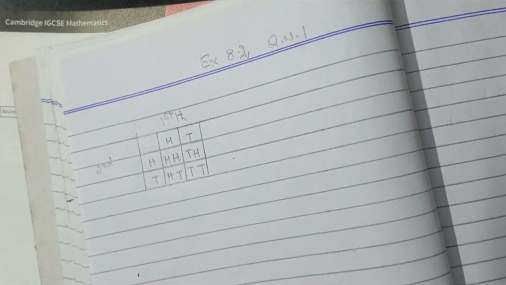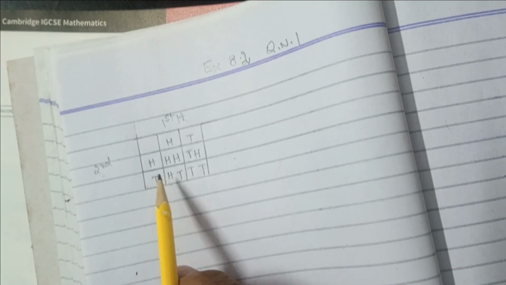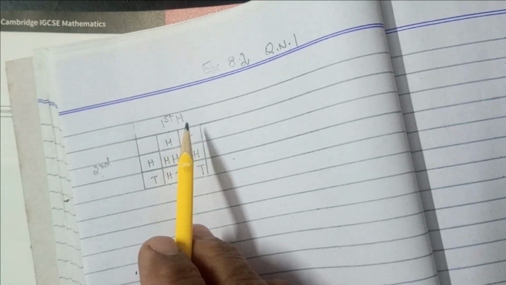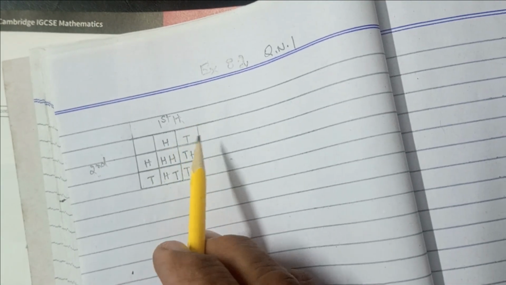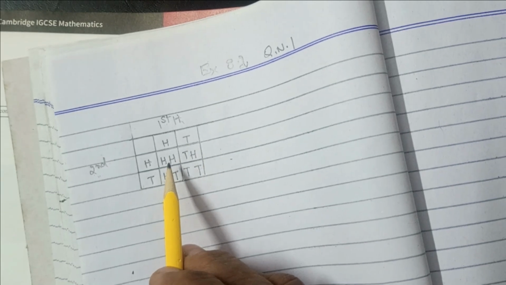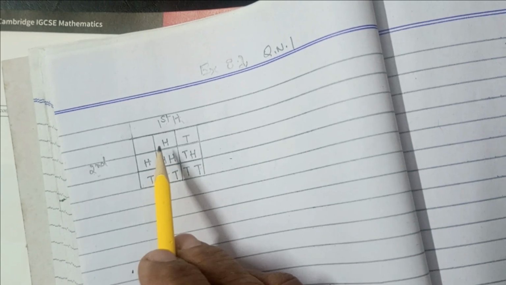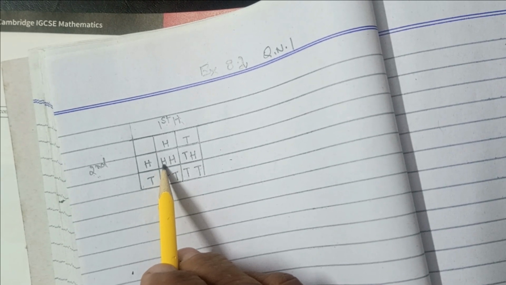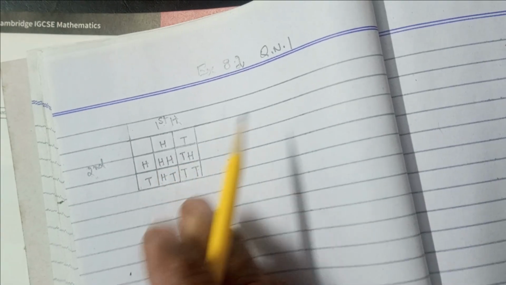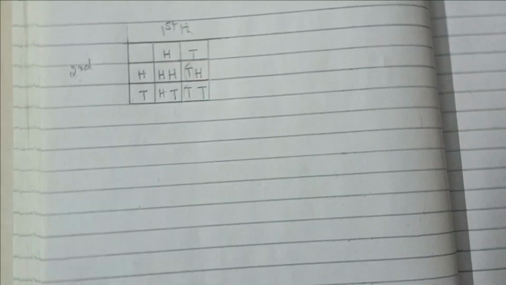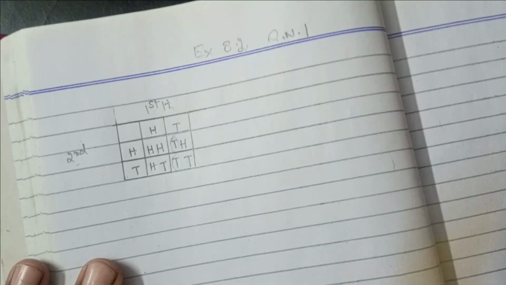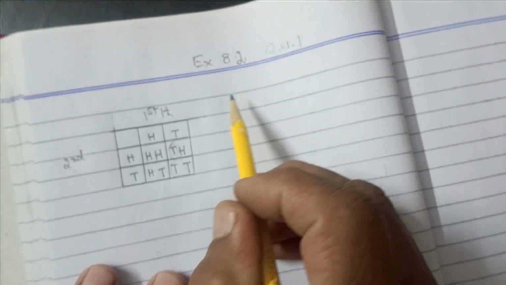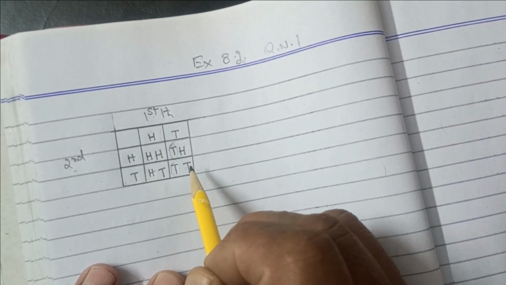So this whole procedure is completed, and the possibility table is completed. The question was to copy and complete the diagram. I've already completed it, so we have completed this diagram.